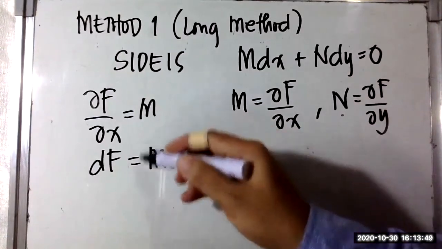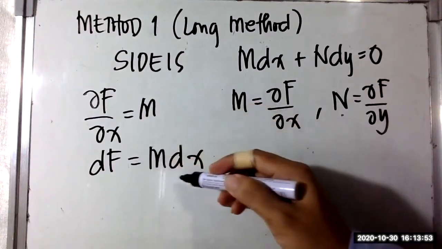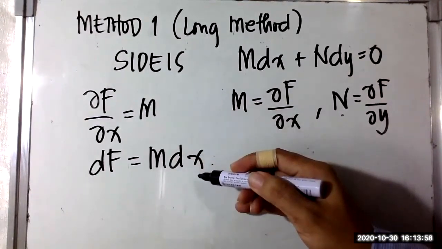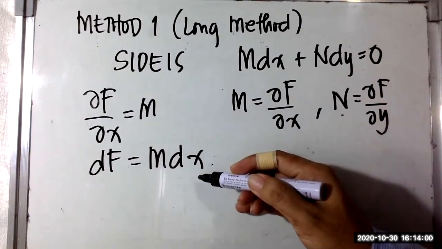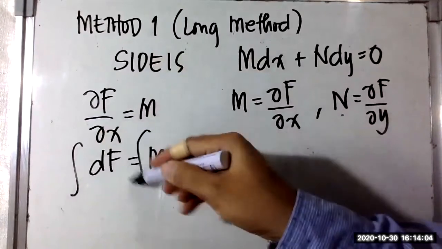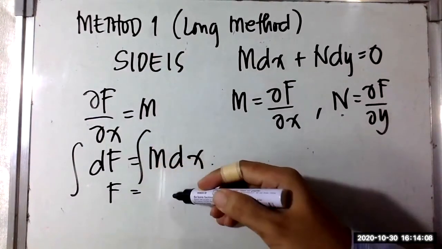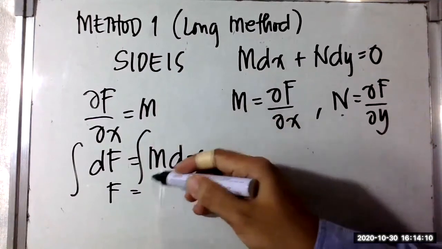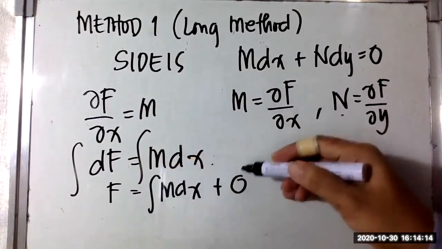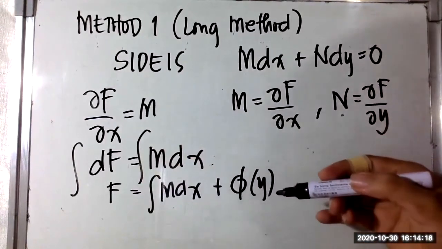In this case, since M is not a pure function of x, when you integrate this given term, the variable y is held constant. After you have set, you integrate both sides, and then you determine the solution, which is f equal to the integral of M dx plus the constant of integration. In this case, the variable y is held constant.